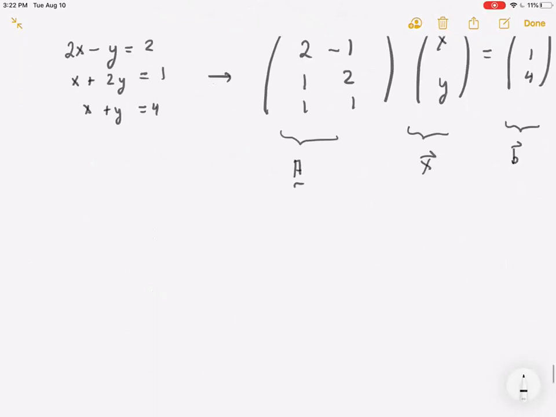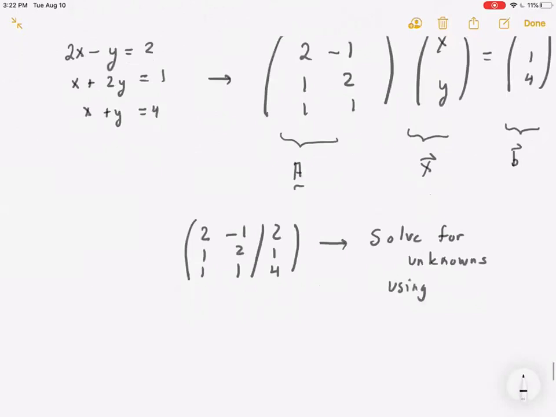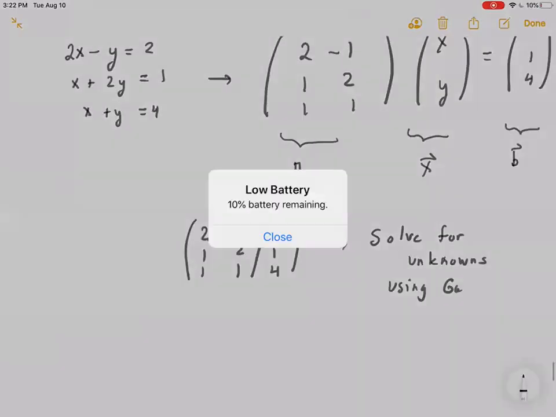Okay, so you could solve this problem by using Gauss-Jordan elimination, as we've done previously in this lecture. So you could solve for the unknowns using Gauss-Jordan elimination.